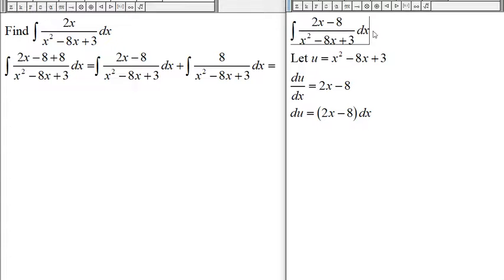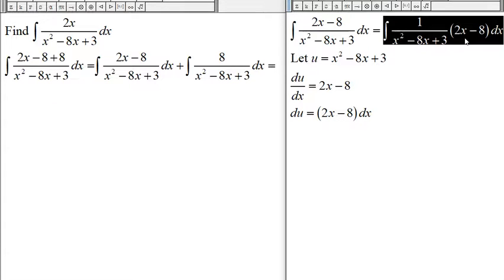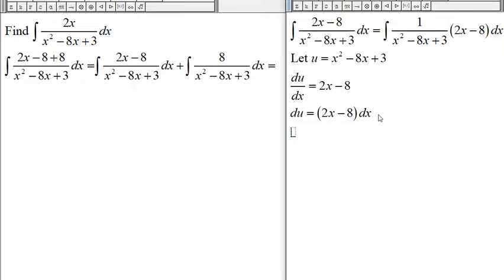And then this integral right here, we can rewrite it like this. This is the same as 1 over u, and then 2x minus 8 dx, this is just du.